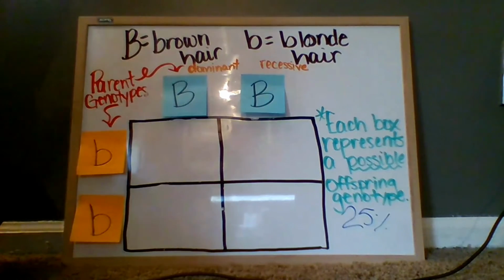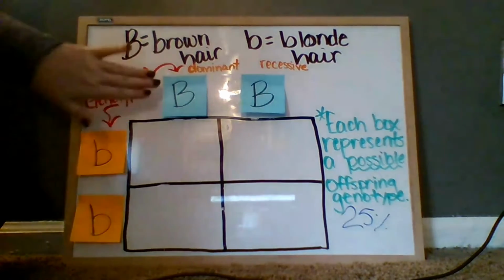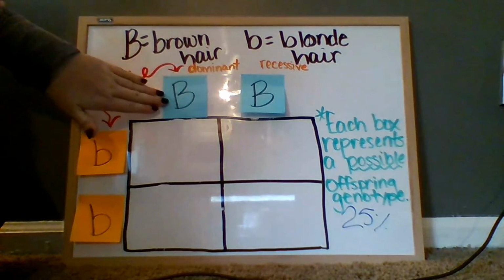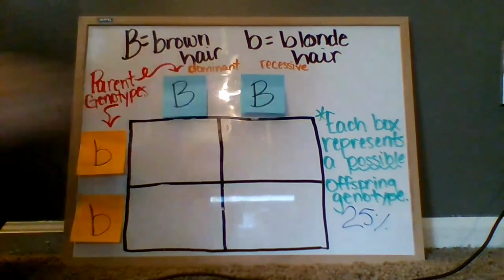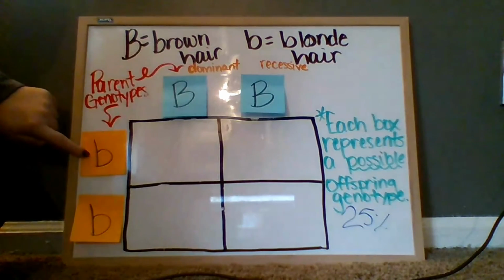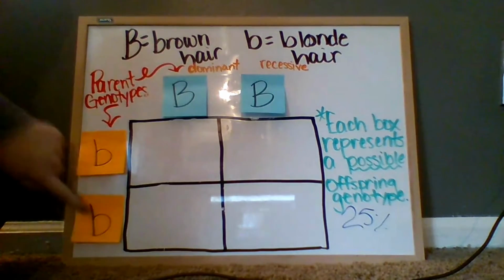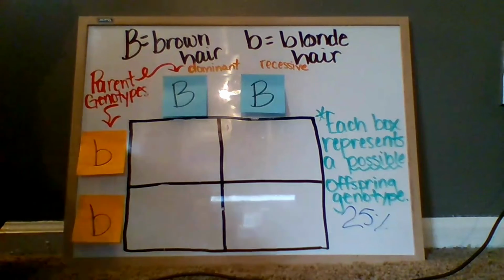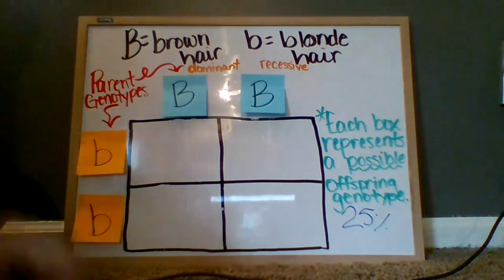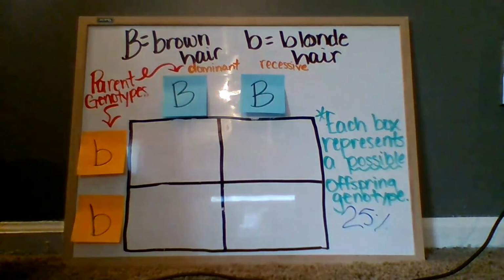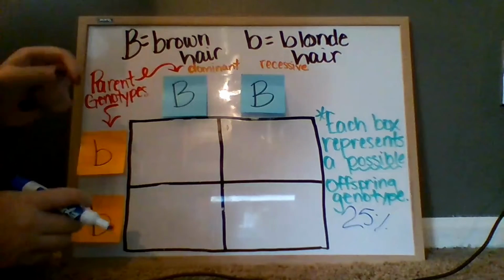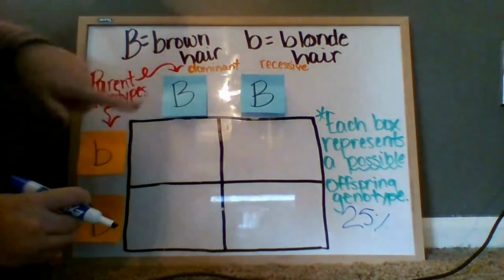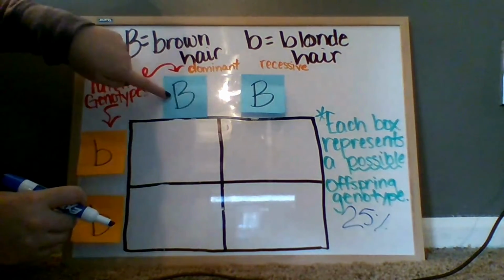I left you guys with this board, this Punnett square with a homozygous dominant parent, 2 dominant alleles, and then a homozygous recessive parent with 2 recessive alleles here. You should have finished it on your own, so I'm going to go through this a little quicker. And I'm going to use my markers this time because I ran out of Post-it notes. So we're going to start at the top again.